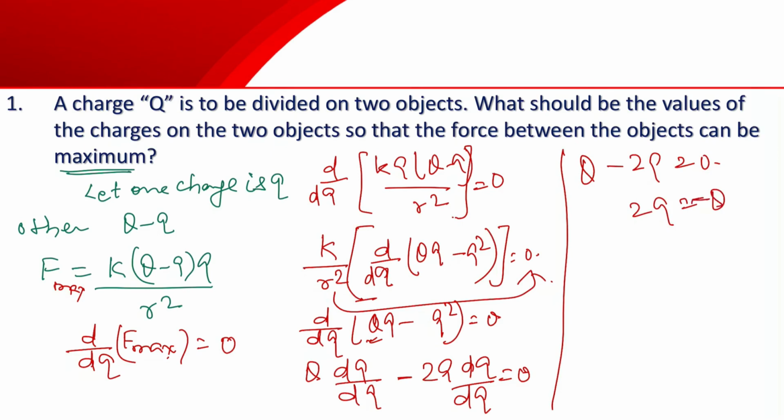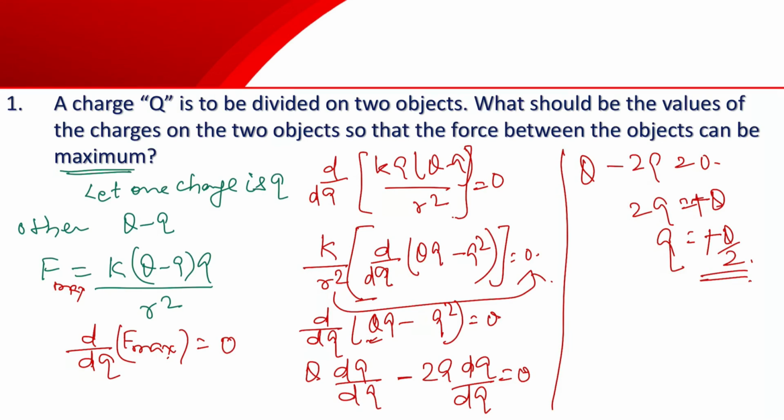So 2q will be equal to Q, hence q will be equal to Q by 2. Sorry, this will go to this side, so it will be plus, so q equals plus Q by 2.